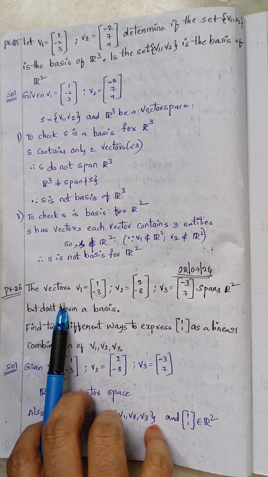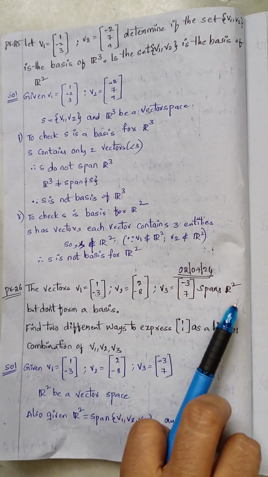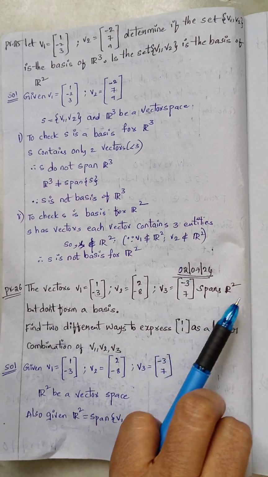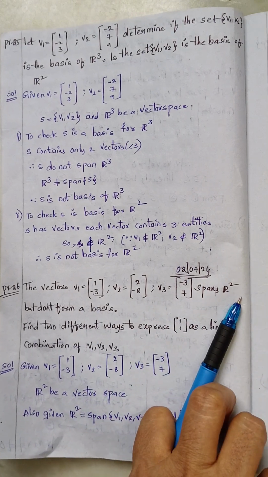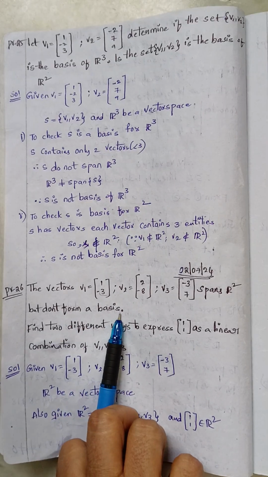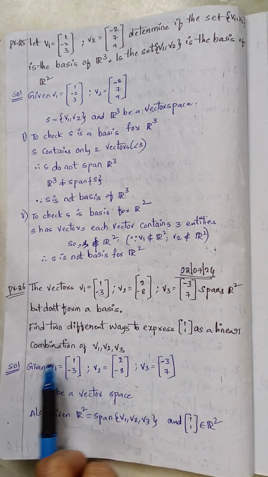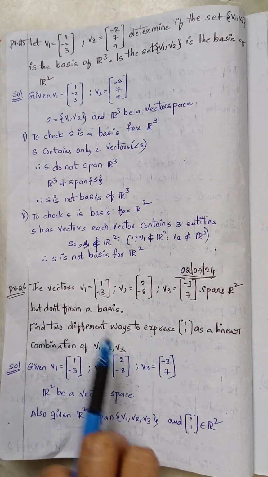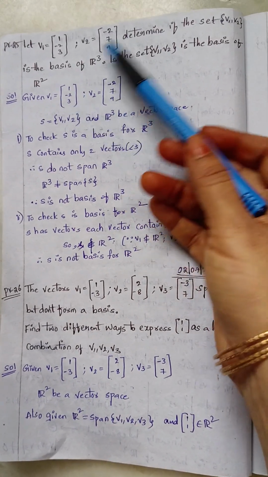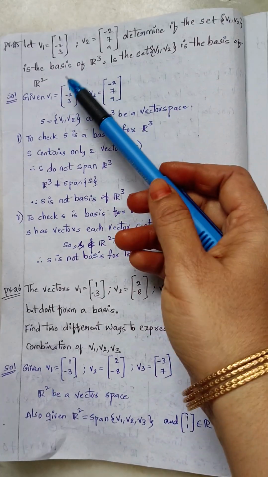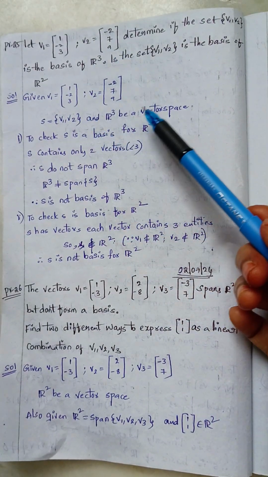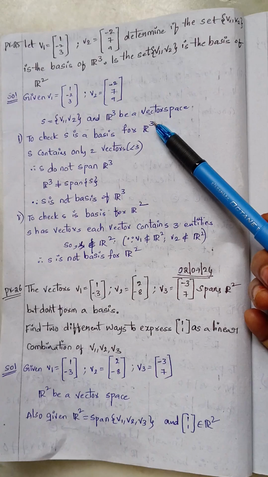See the next question. 3 vectors are given that span R2. It is already given that these 3 vectors span R2 but don't form a basis. Find 2 different ways to express this as a linear combination of the 3 vectors. See, when you are observing here, vectors and entries are not equal means it does not span, we discussed this one.